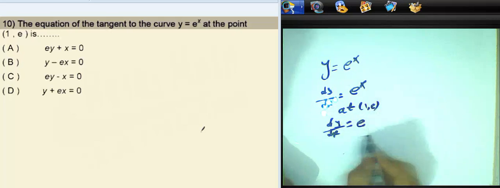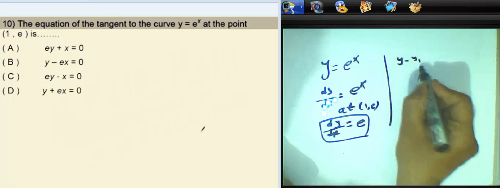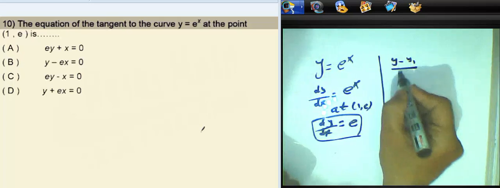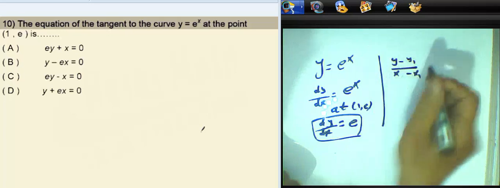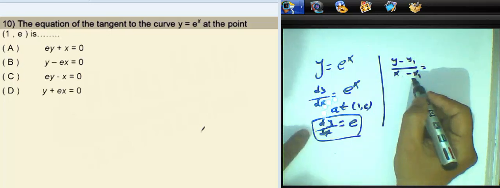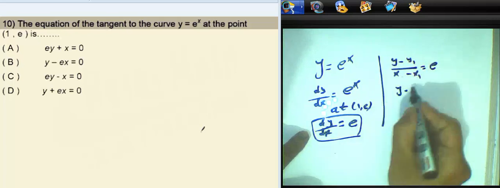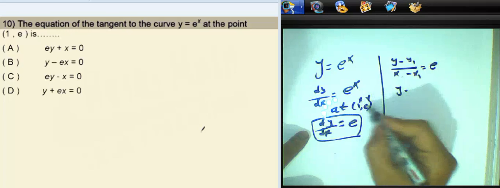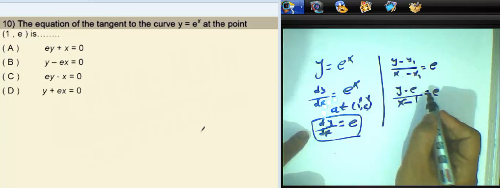It will be e. This is the slope, so you can find the equation y minus y1 over x minus x1 equal the slope here, equal e. Then y minus e over x minus 1 equal e.